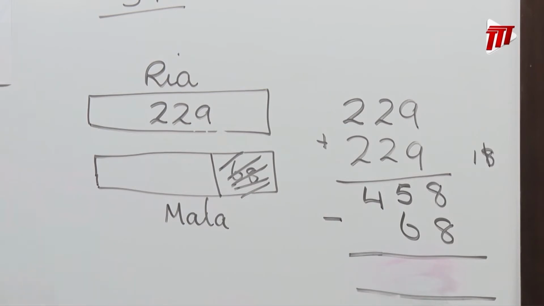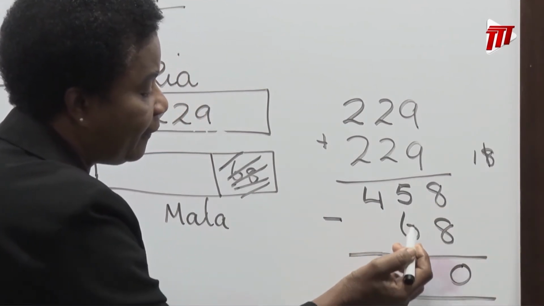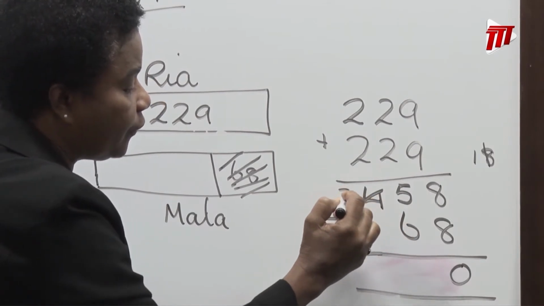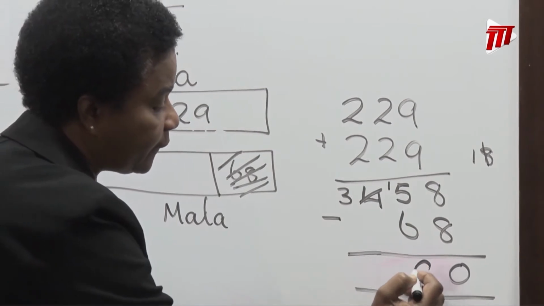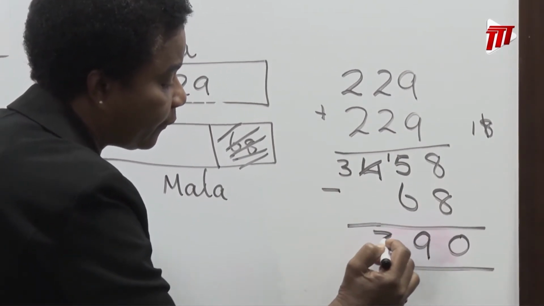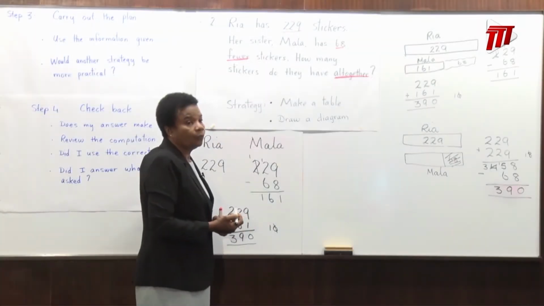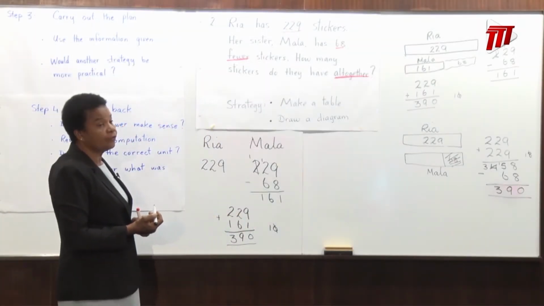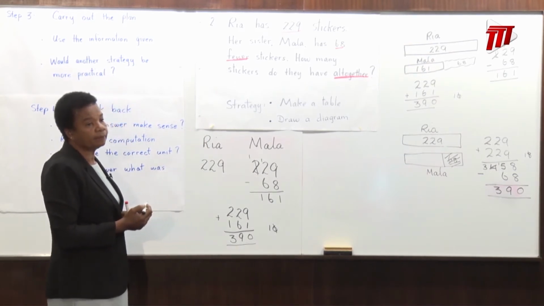less. Let's see. 8 take 8 is 0. 5 cannot take 6, so I'm going to take 1 from the hundreds column. 15 take 6 is 9. 3 take nothing is 3. So what have we done? We have shown 3 different ways or 3 strategies of solving the same problem.